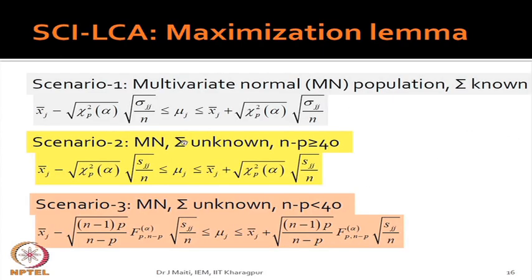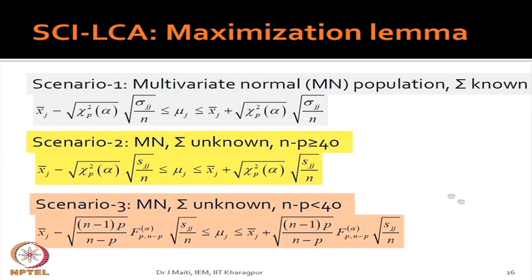So, now the three scenarios we have seen earlier. Are you facing a problem here? Simultaneous confidence interval. Scenario 1, sigma is known. As sigma is known, you use sigma jj, because if sigma is known it is better to use that; why would you go for the sample variance?